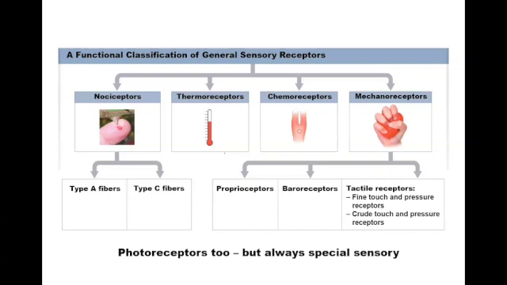Each type of sensory receptor is going to be sensitive to only one specific type of energy or only one specific type of stimulus. Okay, and we can divide the different types of sensory receptors more or less based on the table that you see up here in front of you. So the first type that we'll talk about are the nociceptors.